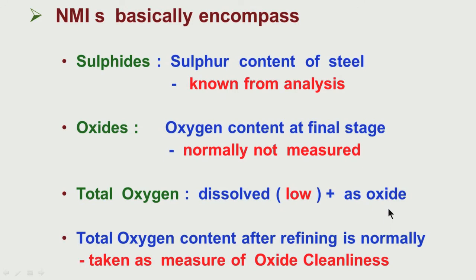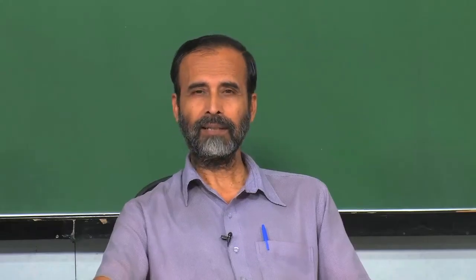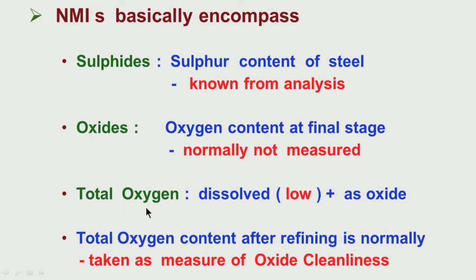I have also mentioned that when you are properly deoxidizing the steel, killing the steel with aluminum for example, then the dissolved oxygen is very low, less than 5 ppm. So, most of the oxygen present in steel will be as oxide. So, the total oxygen content can give an indication of the oxygen present as oxide.